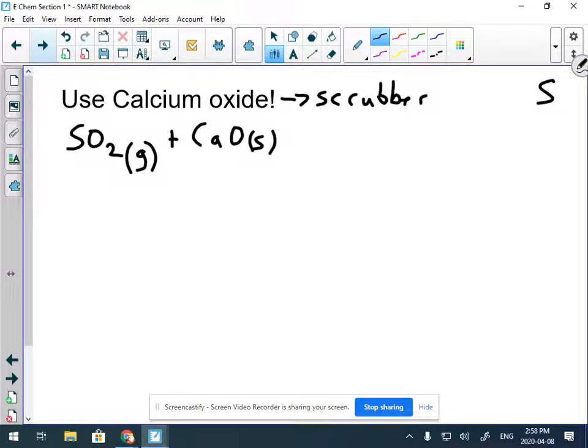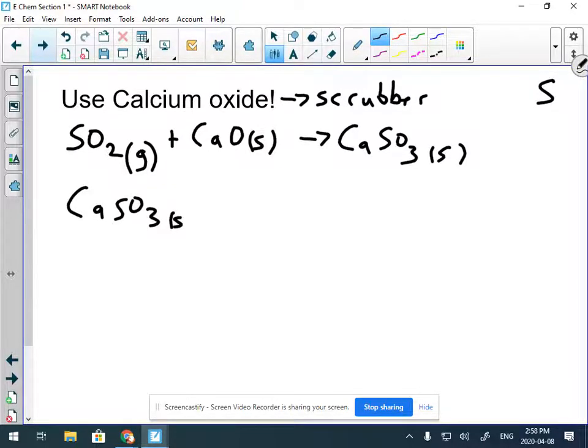And what happens is the sulfur dioxide and the calcium oxide combine, and we get calcium sulfite. So you can see all I did was smush the two together. Now, calcium sulfite, if it's slightly heated, this is wild, with a little bit of oxygen, you get calcium sulfate.